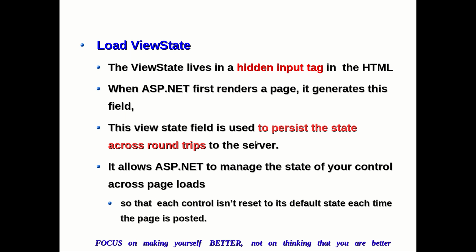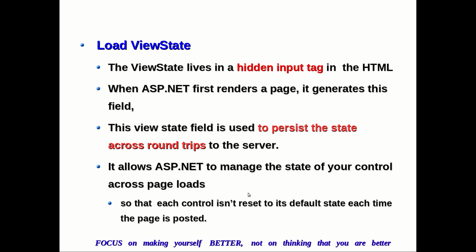So whenever you want to preserve the state information during the round trip, the view state field will be used. Which is the view state field here? The hidden input tag is the view state field. And this allows ASP.NET to manage the state of your control across the page loads, so that each control is not reset to its default state each time the page is posted.